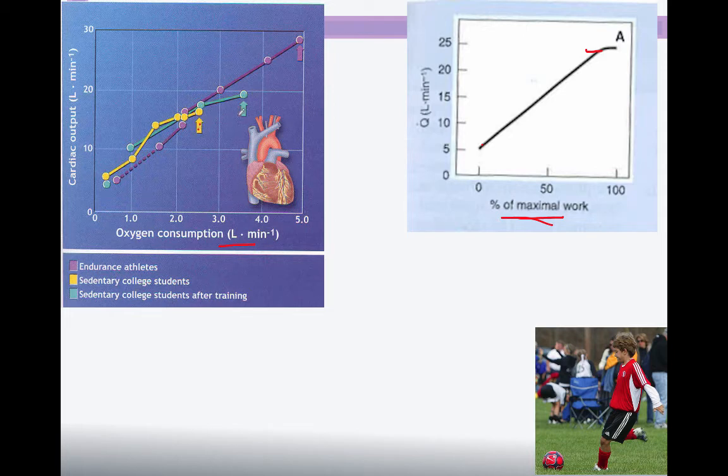The arrows that you see here indicate the time where the individual said, that's it, I can't go any further. And so you can see that there's a really nice big increase in Qmax for these endurance athletes compared even to the trained sedentary people. But even they had a bit of an increase in Qmax, so it did go up some.